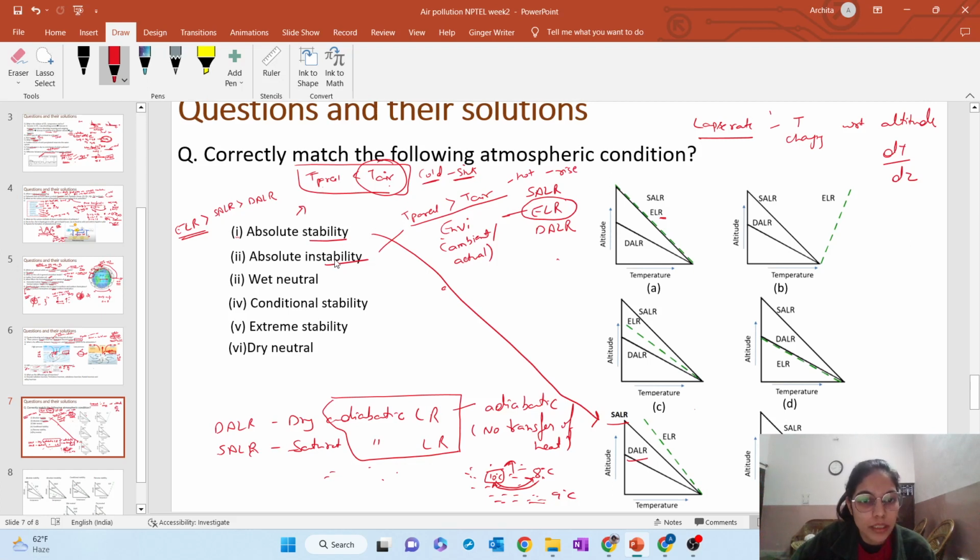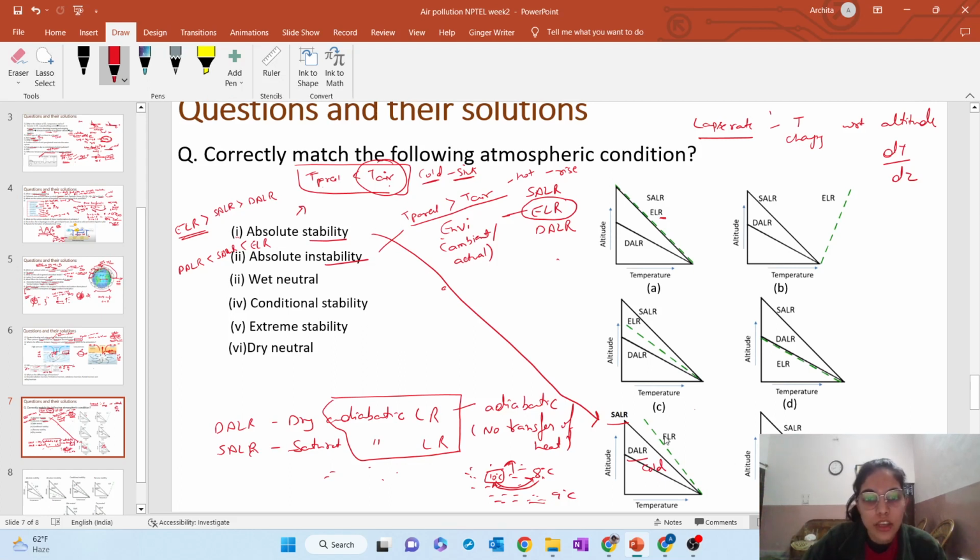When this happens, it means the DALR and SALR are such that the surrounding air is cooler, so these are hot parcels and these are cold parcels.